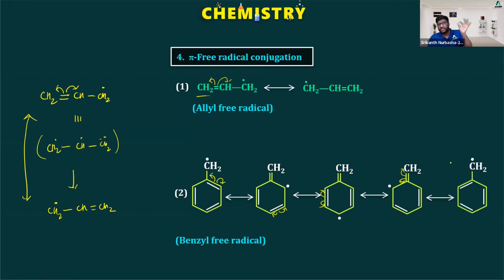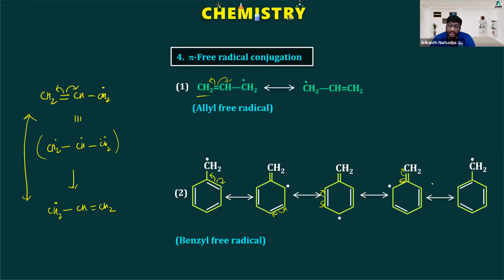Whenever you have a positive charge, like CH2 plus C6H5, a benzyl carbocation, the ortho and para positions will have a positive charge. For a benzyl carbanion, the ortho and para positions will get a negative charge. For a benzyl free radical, the ortho and para positions will get a free radical electron.